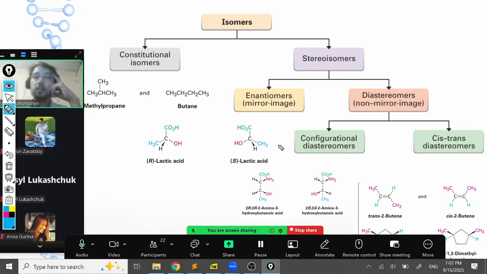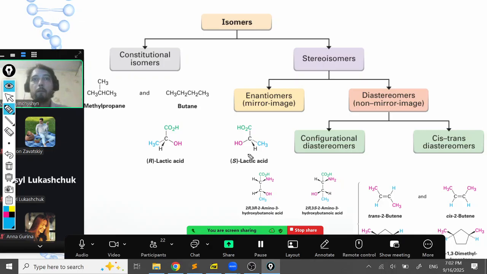So you may see that if you try, for example, to transform this molecule into this one, we have CO2H in the same position. That's okay. Let's try rotating here.